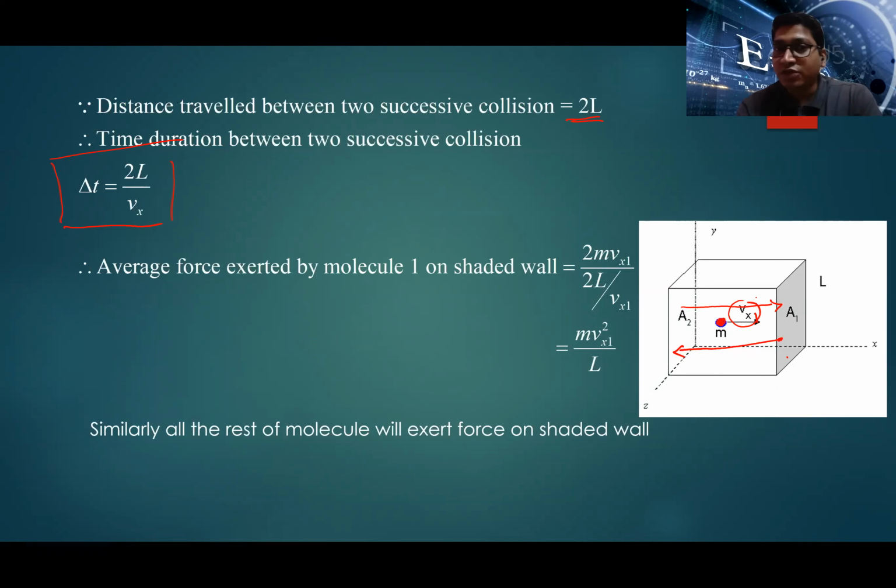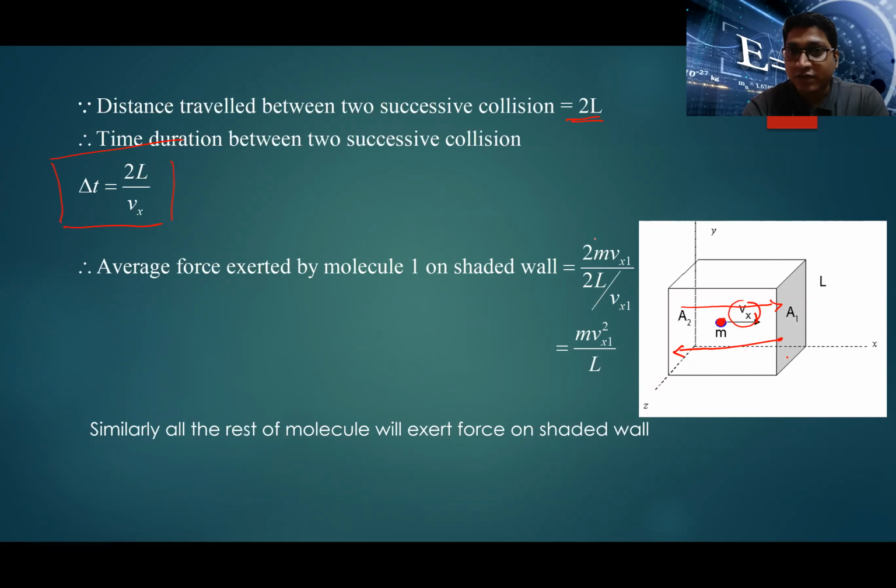So the average force because of molecule 1 on this wall is going to be the momentum upon time, and as you can see, momentum is 2mVx1 upon 2L upon Vx1.